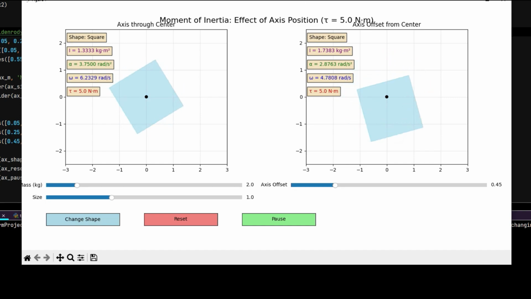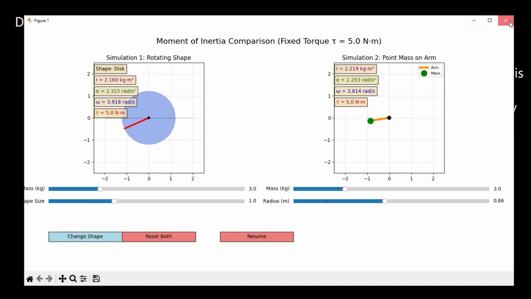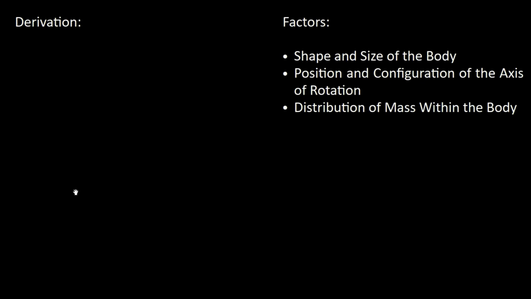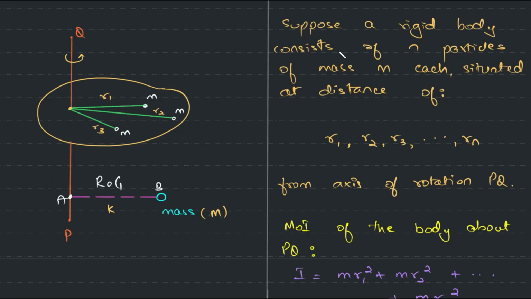So the same set of factors will affect, and yeah, we end up with all this as your factors. Okay, so quite simple concept. You can pause, have a look. And the derivation is also quite simple.